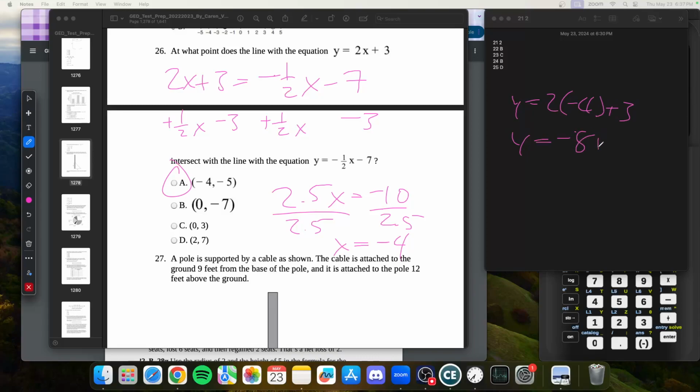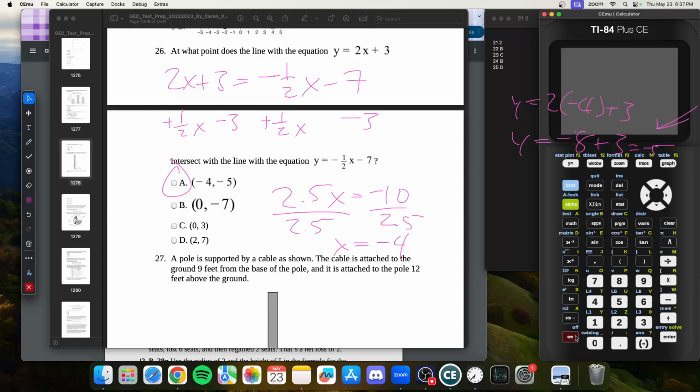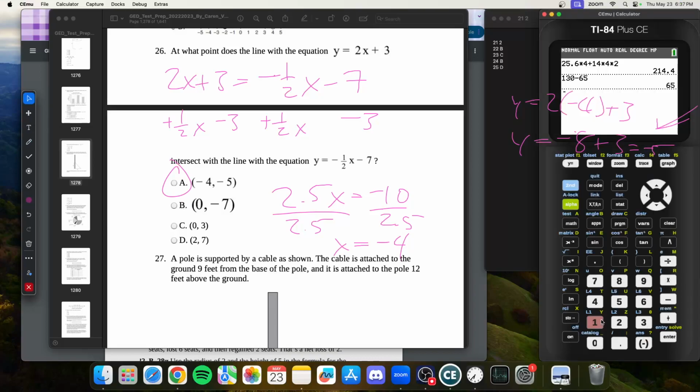Equals -5. Check. That was too fast. Definitely -10 divided by 2.5 is -4.